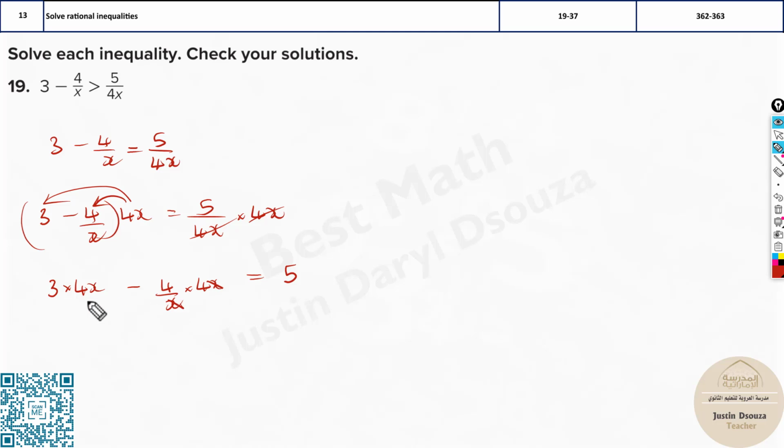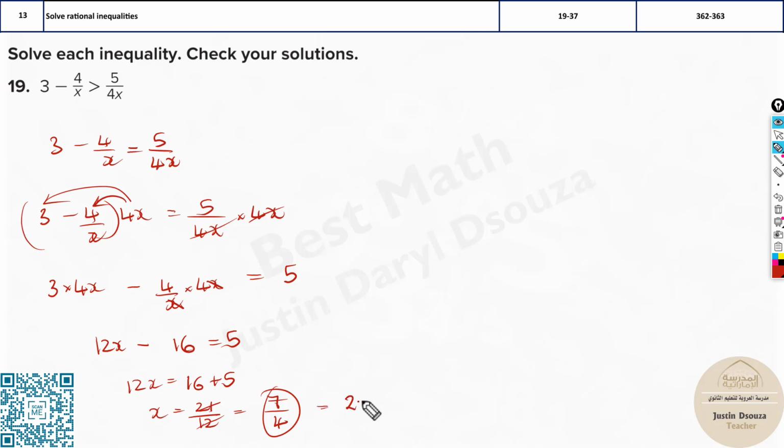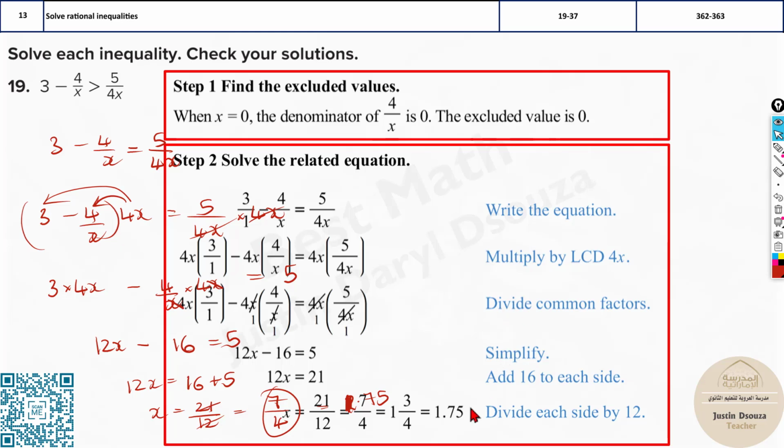Now here x and x cancel, so it will be 12x minus 16, which is equal to 5. 12x will be equal to, this goes to the other side, positive 16 plus 5. x will be equal to 16 plus 5 is 21 by 12, and 3 goes into both, so it will be 7 by 4. That is 2.75. Sorry, it's 1.75, I believe. Yeah, 1.75 is the answer. So that will be the final answer.